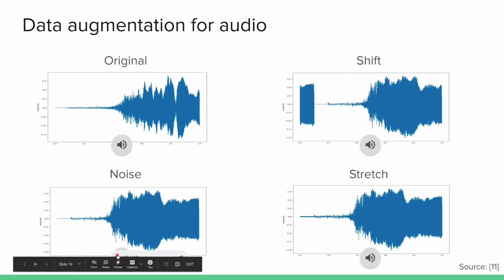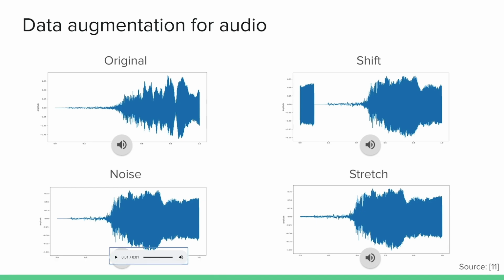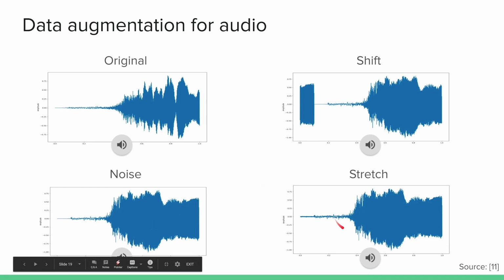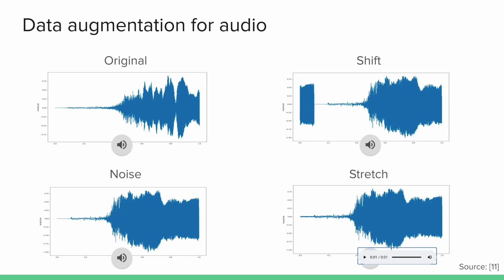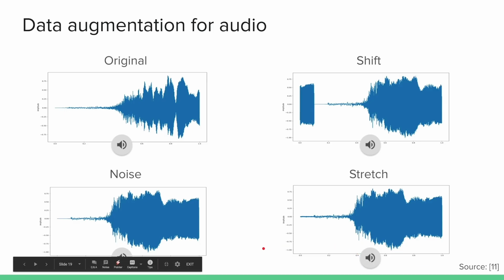We can add some noise. Or we could stretch it in time. Maybe you didn't hear it that well, let's play it again. So you could hear it was much slower than the first few ones. Or at least a bit slower than the first few ones.